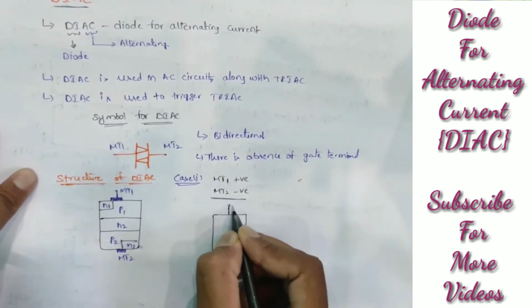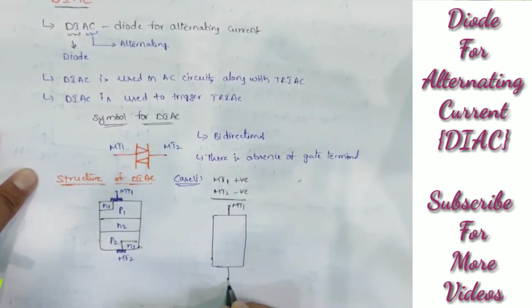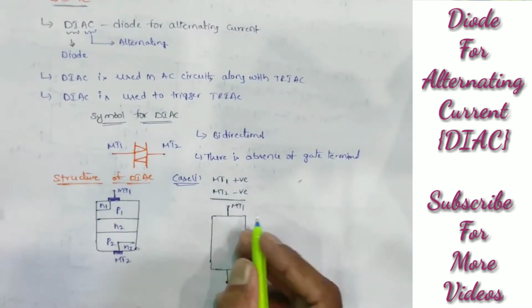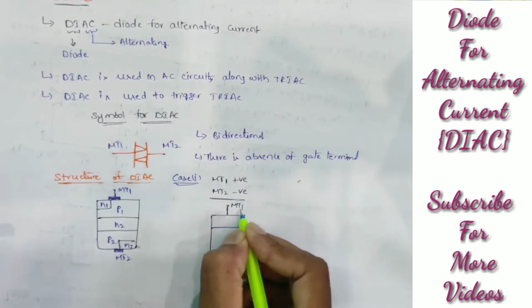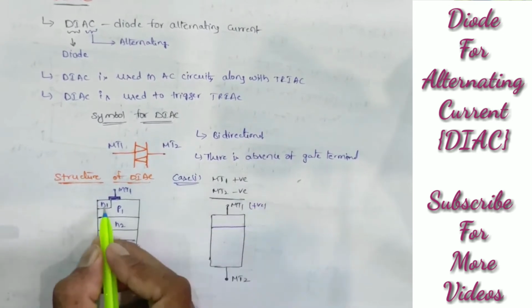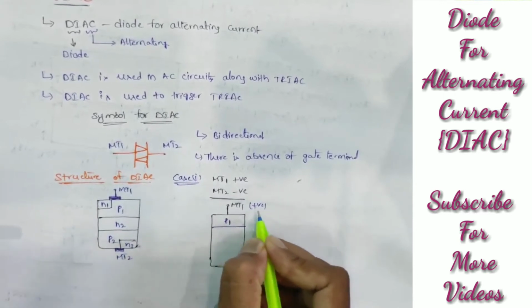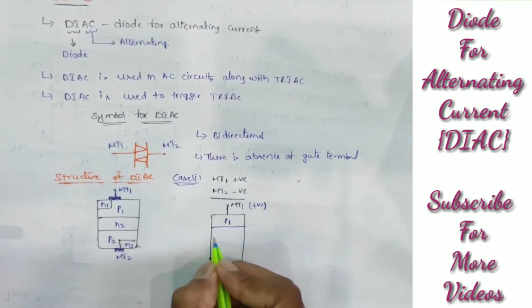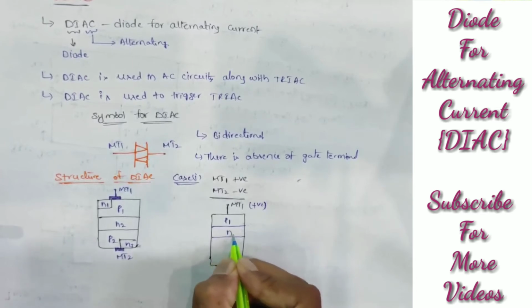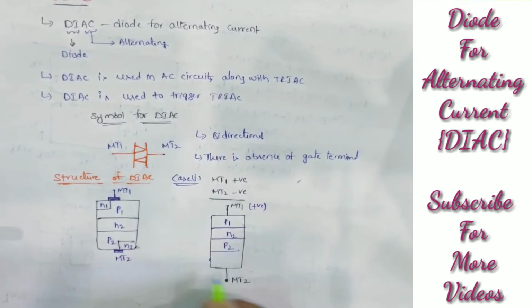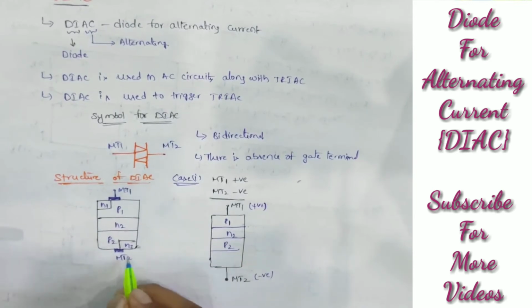This is MT1. Here we are having MT2. Here MT1 is positive, so we will get N1 and P1. Then the sequence is P1, N2, P2 and, because MT2 is negative, we will get N3.